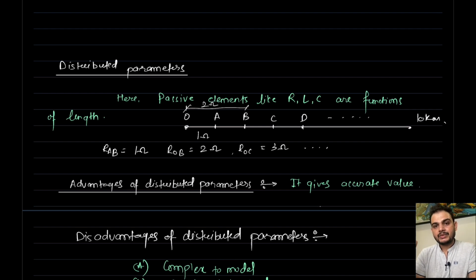We need to analyze the transmission line as a function of length, lengthwise, and then only we will get an accurate answer. For this long transmission line, if we go for a lumped parameter approach, we will also get an answer, but it will be so much deviated from the accurate answer.